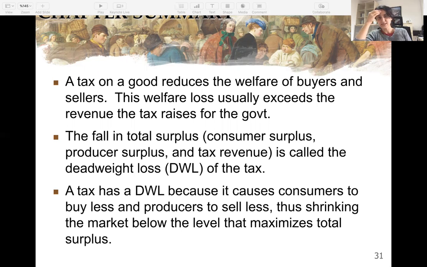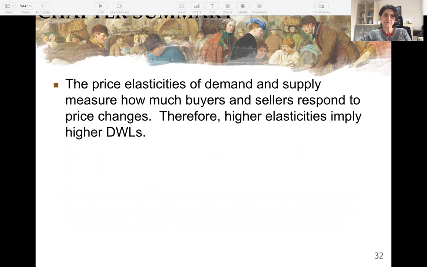A tax has a dead weight loss because it causes consumers to buy less and producers to sell less, thus shrinking the market below the level that maximizes total surplus, because quantity drops below the equilibrium level. Price elasticities of demand and supply measure how much buyers and sellers respond to price changes. Therefore, higher price elasticities imply higher dead weight loss.